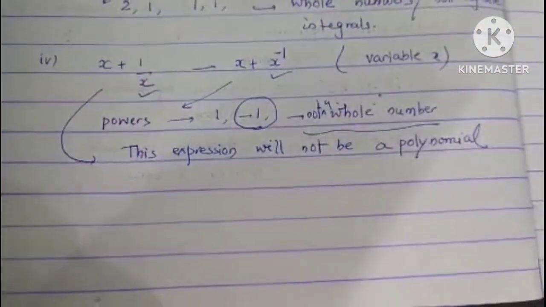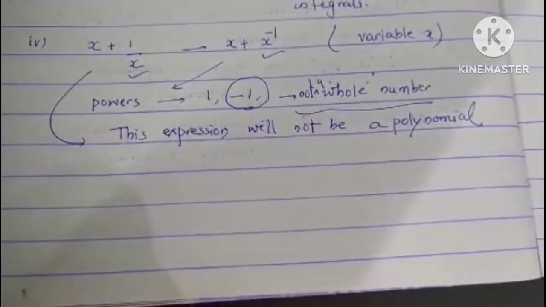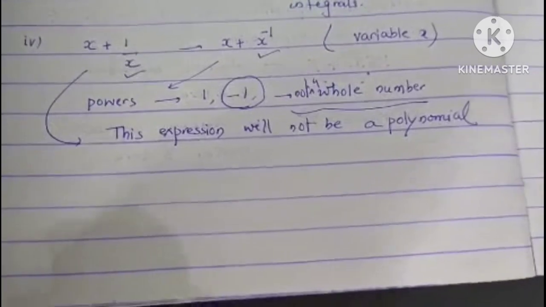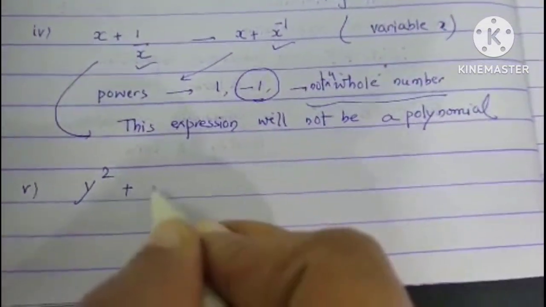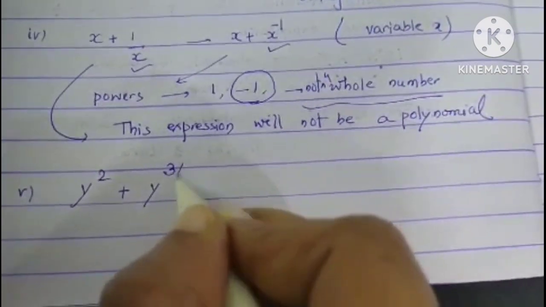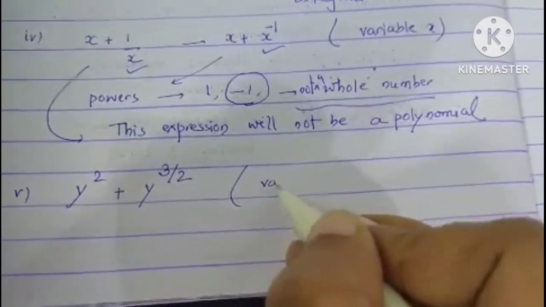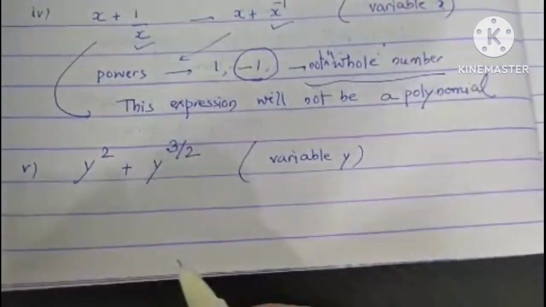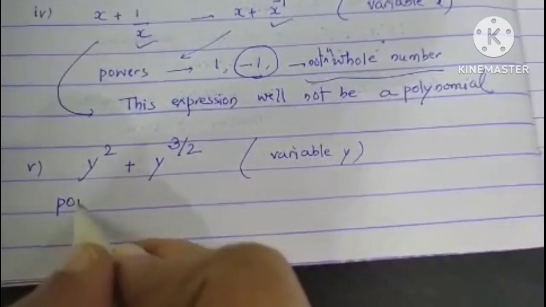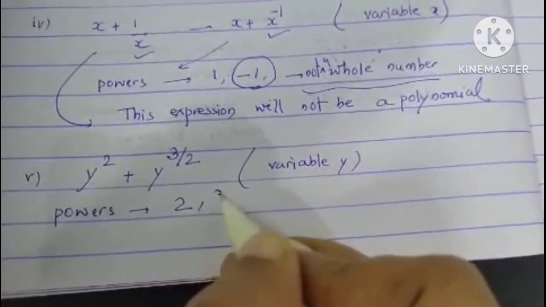Okay. Let us understand from one more very easy example. Suppose you write like this: y square plus y to the power 3 by 2. So this will be an expression with variable y. But is this a polynomial? So let us check the powers. Powers are here 2 and here 3 by 2.